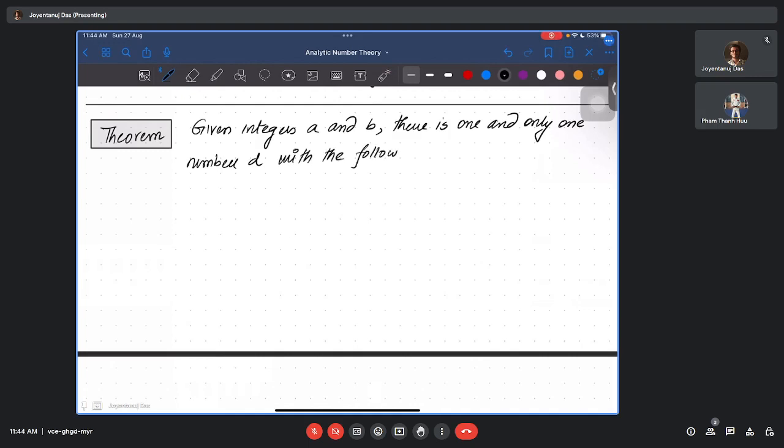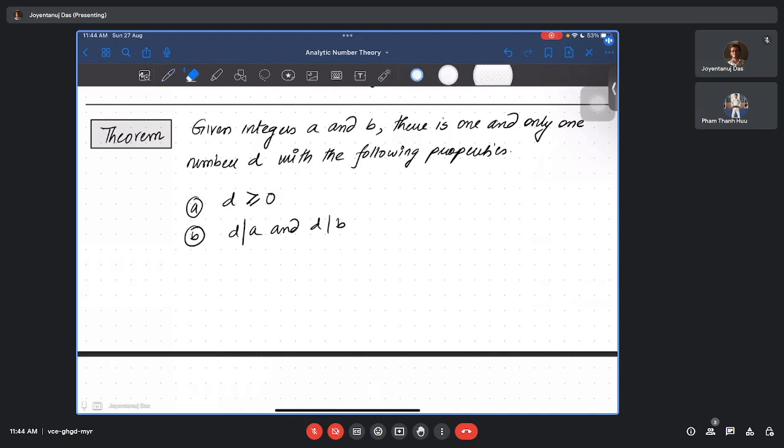So there is a unique d with the following properties. The first property is that d is non-negative, greater than or equal to 0. The second property is that d is a common divisor: d divides a and d divides b.